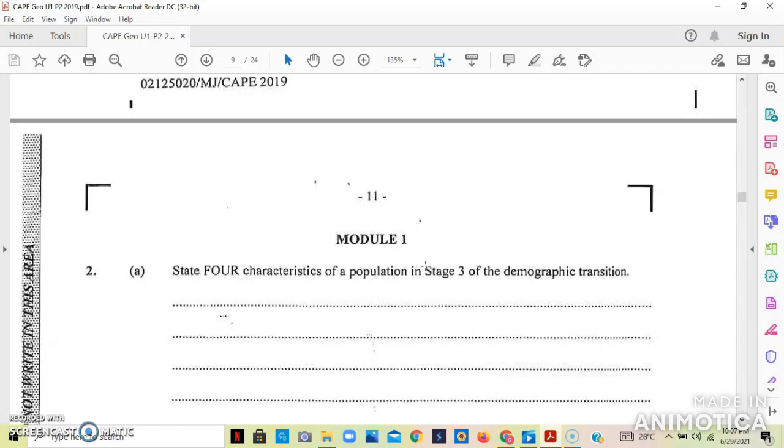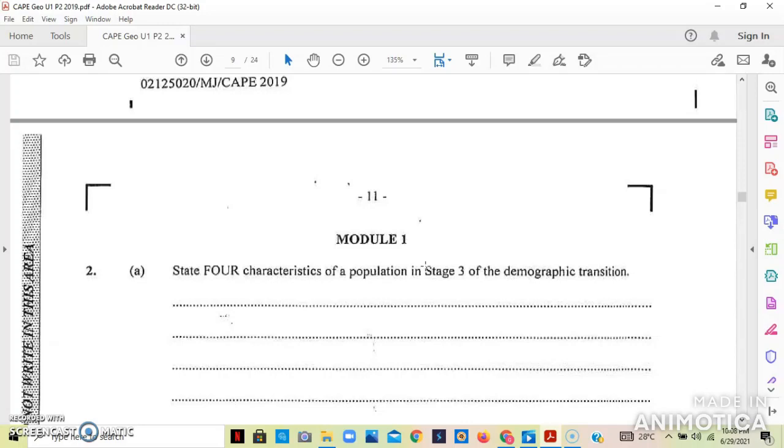And because there's also access to contraceptives, the birth rate is gradually decreasing. So what is happening is that we still have a relatively high birth rate, but the population is growing at a much lower rate as opposed to that in Stage 2. A lot of the developing countries are a part of Stage 3.